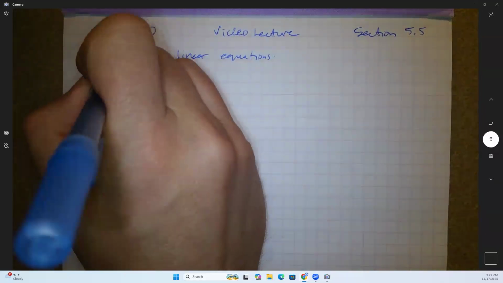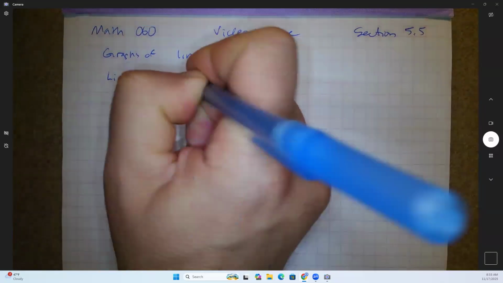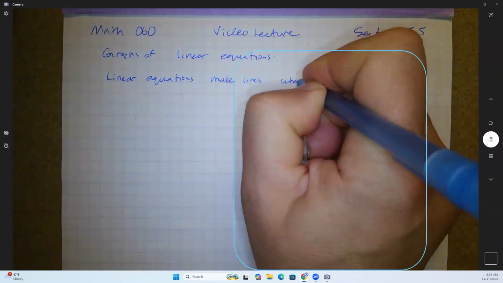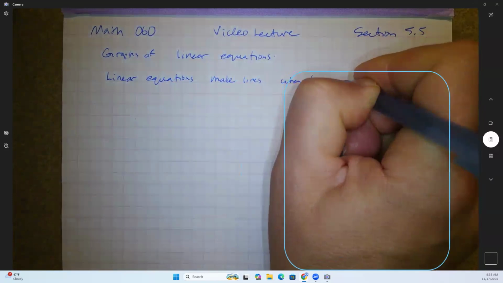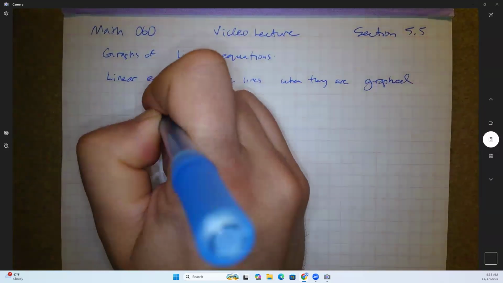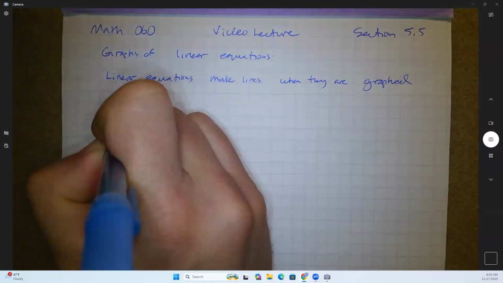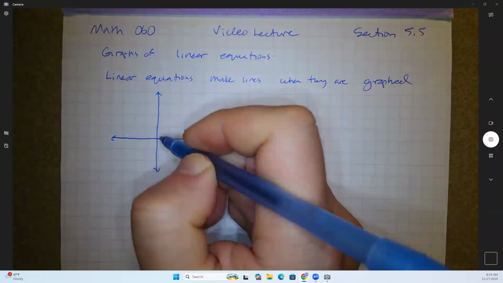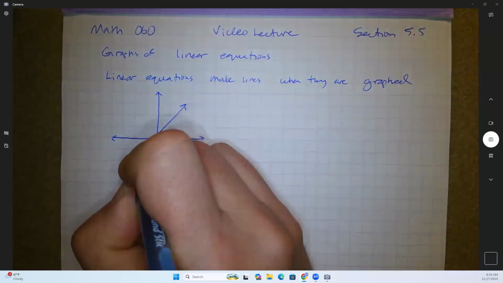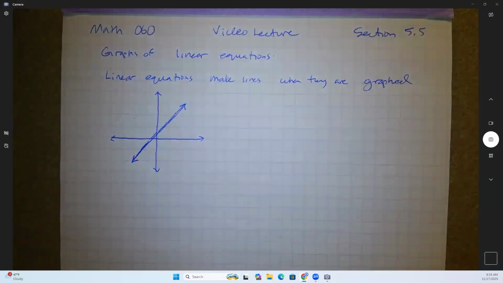So we already know that linear equations make lines when they are graphed. Sorry, I should use a different color.